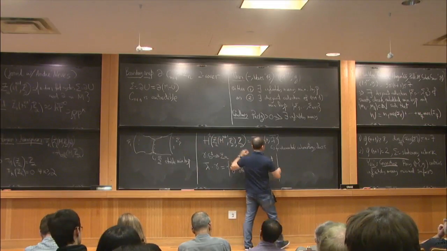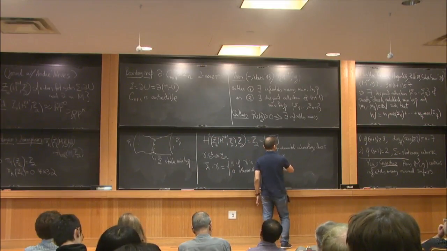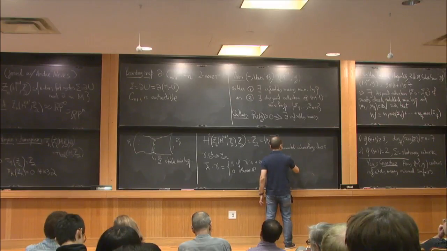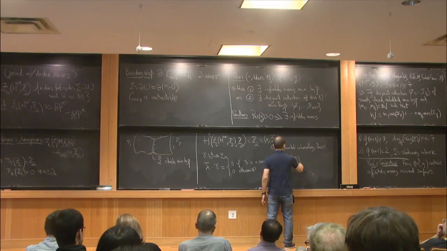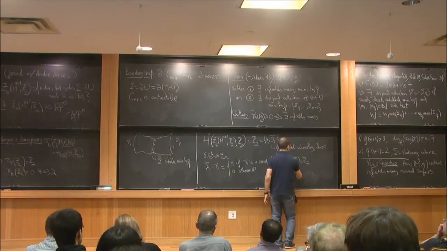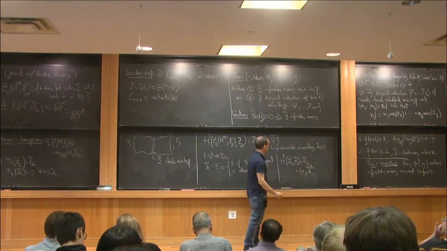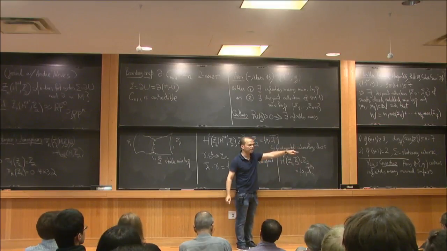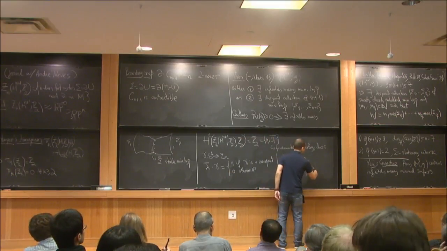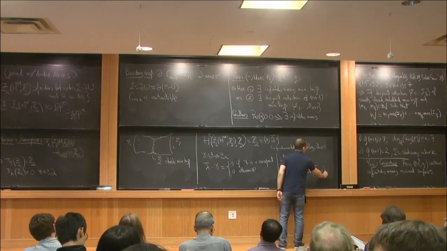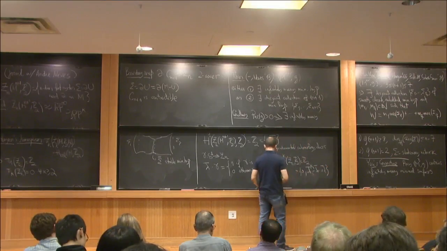And then, of course, I can compute H^k of that space. This is also Z mod 2, generated by lambda bar to the k, where lambda bar to the k is just the cup product of lambda bar with itself k times. So I know the cohomology completely.